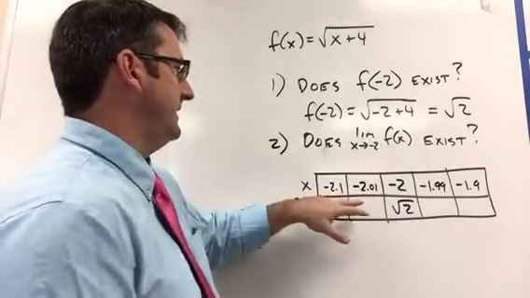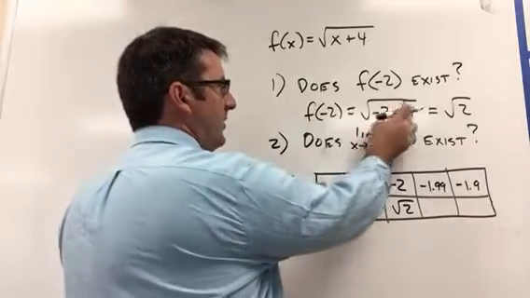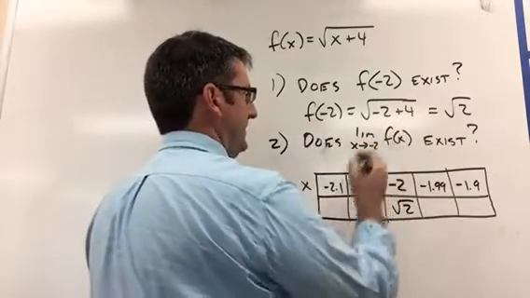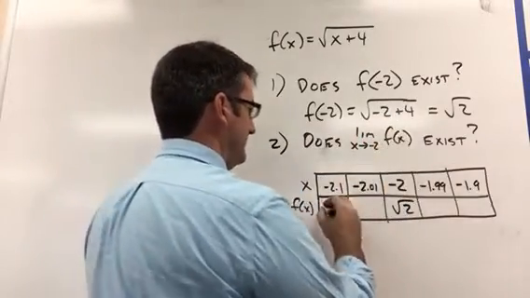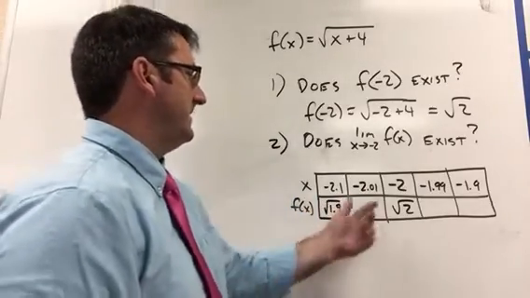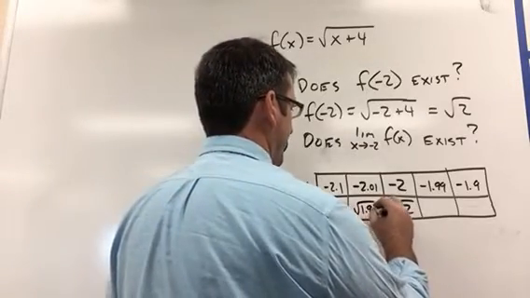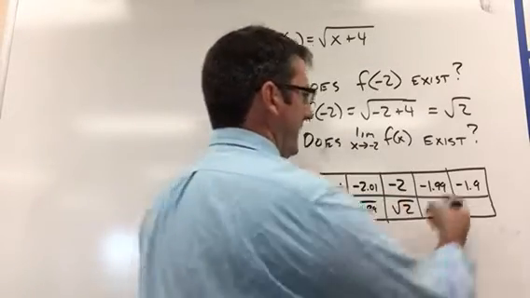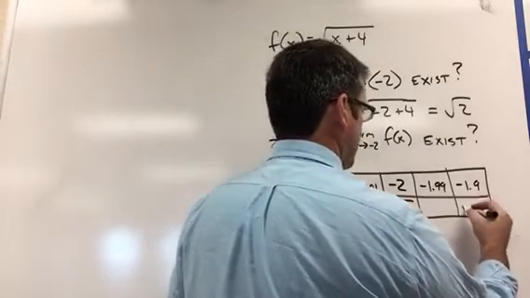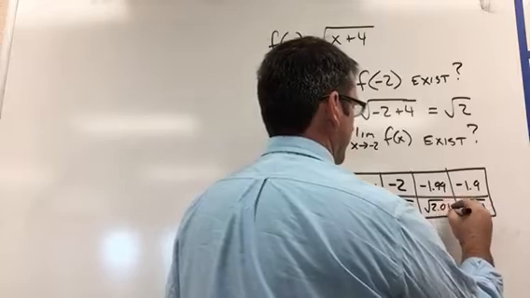So if we plugged in -2.1, well, -2.1 plus 4 is going to be 1.9. So this is the square root of 1.9. And then if we plugged in -2.01, that's going to be the square root of 1.99. And over on this side, we're going to get the square root of 2.1, the square root of 2.01.